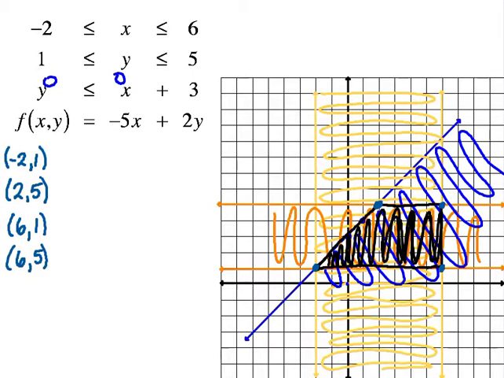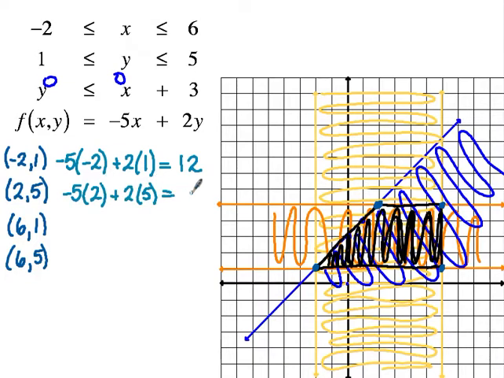So now we need to plug those into the given equation. And so I've got negative 5 times negative 2 plus 2 times 1. Negative 5 times positive 2 plus 2 times 5.